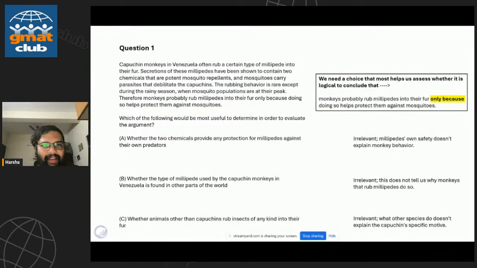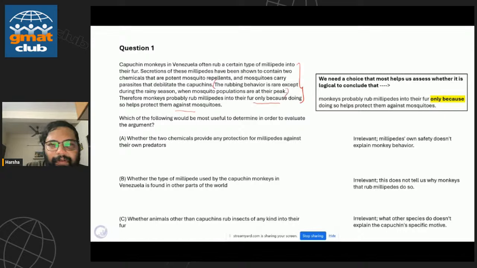Cool. Now, again, remember, make sure that all the important details are here. So, what is the conclusion? Monkeys probably rub millipedes into their fur only for one reason, that is to protect themselves against mosquitoes, right? And we need to find a choice that helps us evaluate the logical validity of this conclusion based on these premises.